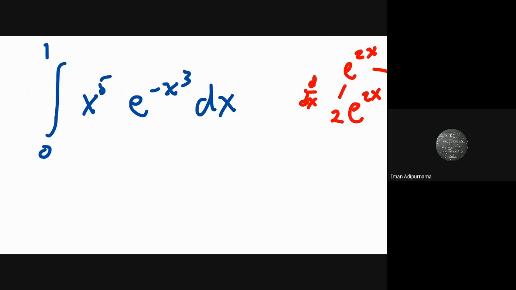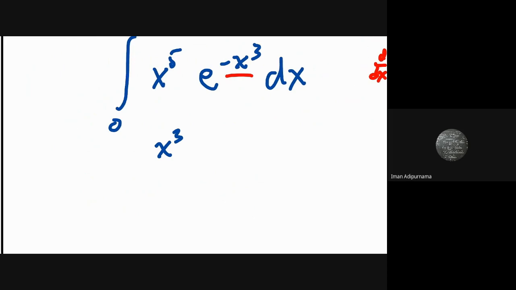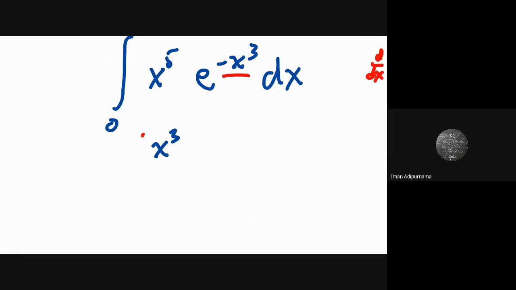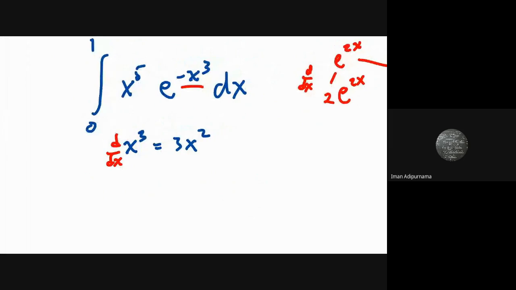So a good way to see this form is to look at this negative x cubed. If we derive x cubed, it becomes 3x squared. If we use this as u, then du is 3x squared dx.